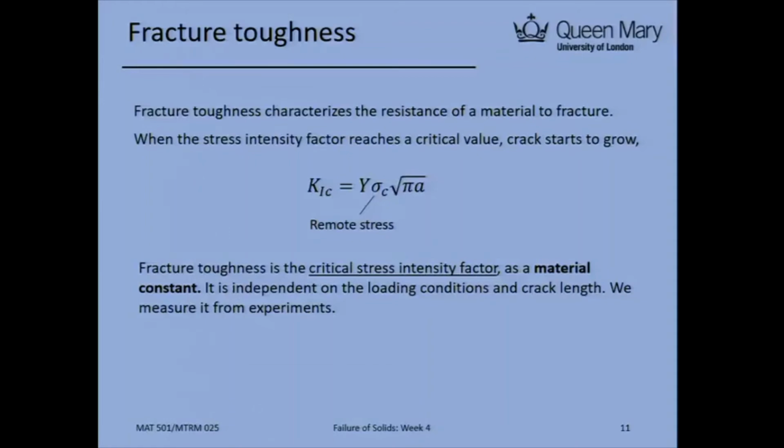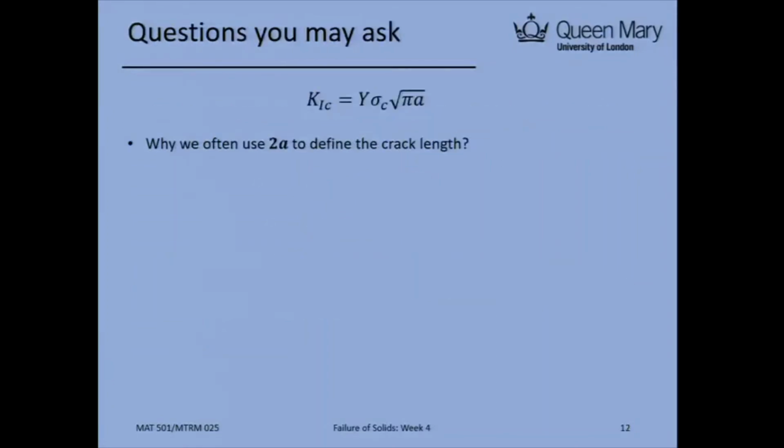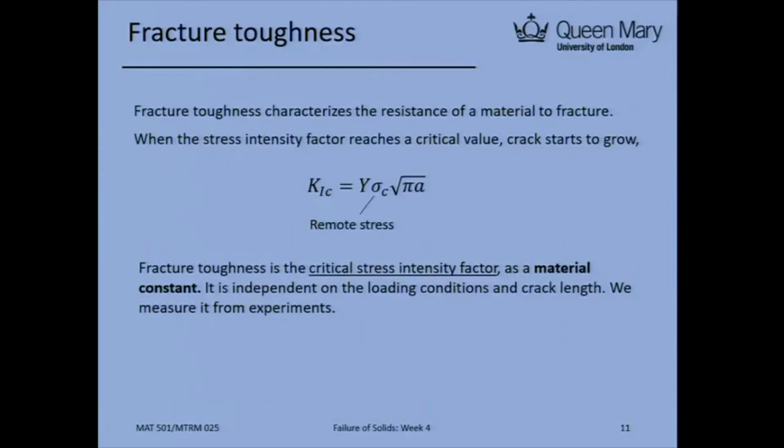You can think about strength and stress. Stress is a general stress, but there is a critical point at which the material will fail. That is strength. Similarly here, the material will fracture at the critical point of fracture toughness, or stress intensity factor. So how can we measure this value? Most people will ask. We measure it from experiment. I will show you later.